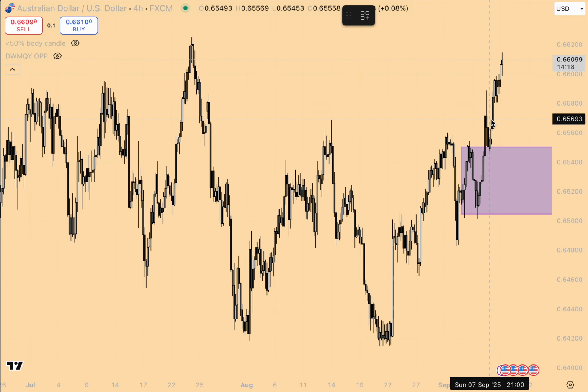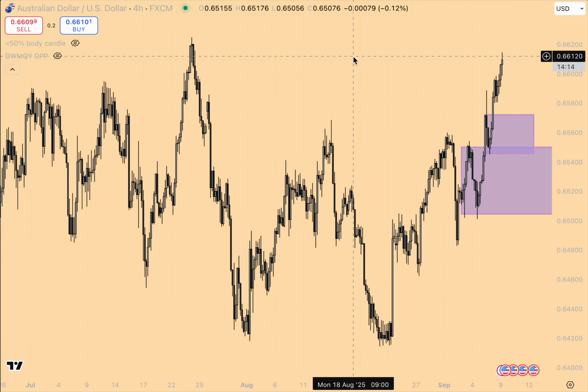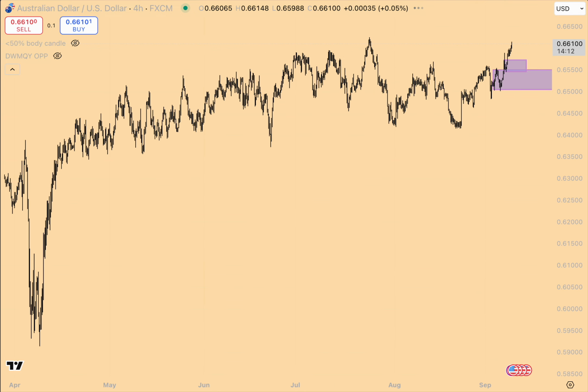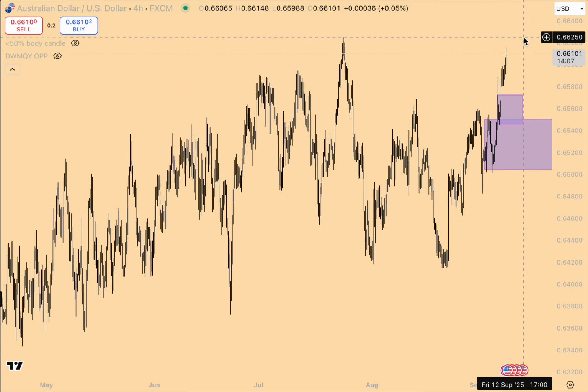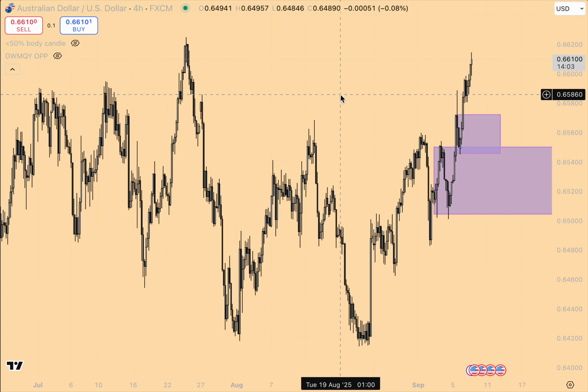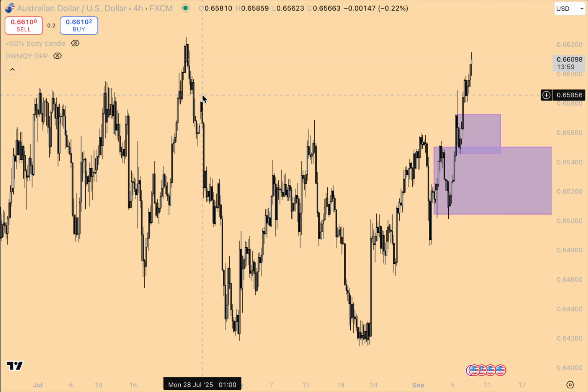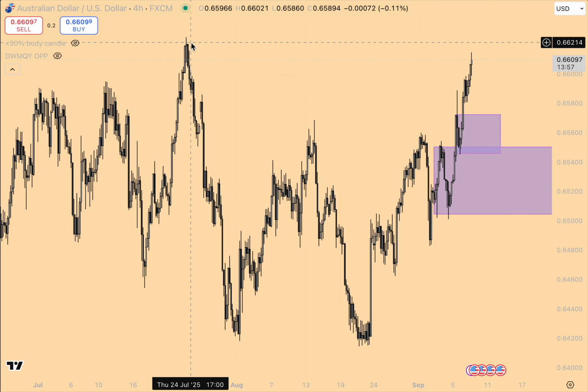So we just want to wait and see where it gets, but for now my target is, let's see what happens when it gets to 0 point, because we've now taken this liquidity to the left. We've taken out this area, so let's see what happens when it gets here.